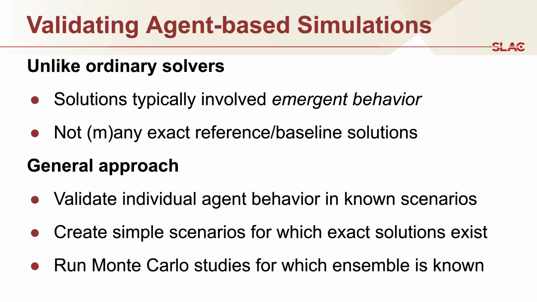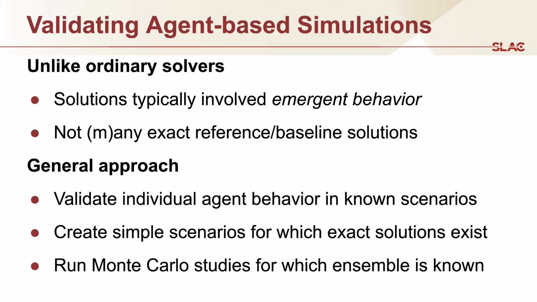And if the validation test is set up correctly, I should always get the exact same behavior. So it's possible to set up scenarios that verify many of the features of a single agent, a single object in Gridlab-D, and always get the same answer. So that's one way of dealing with this kind of situation.